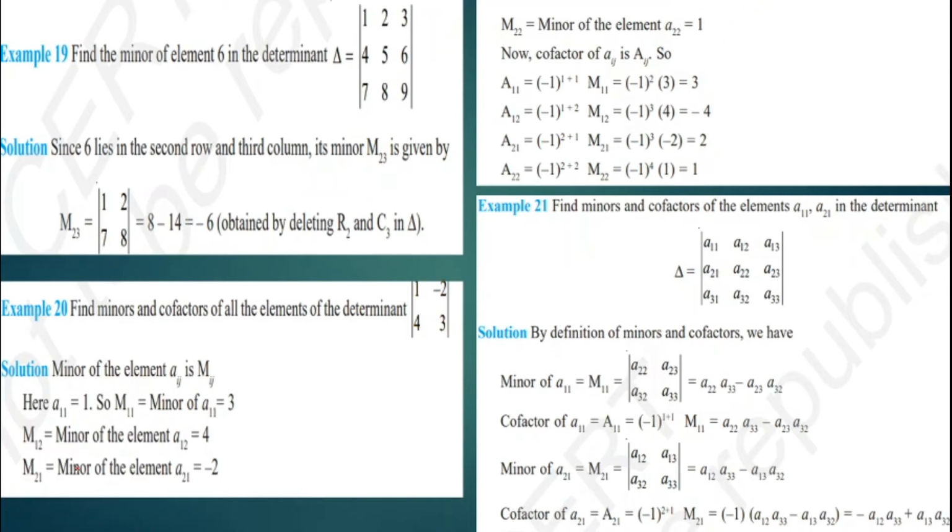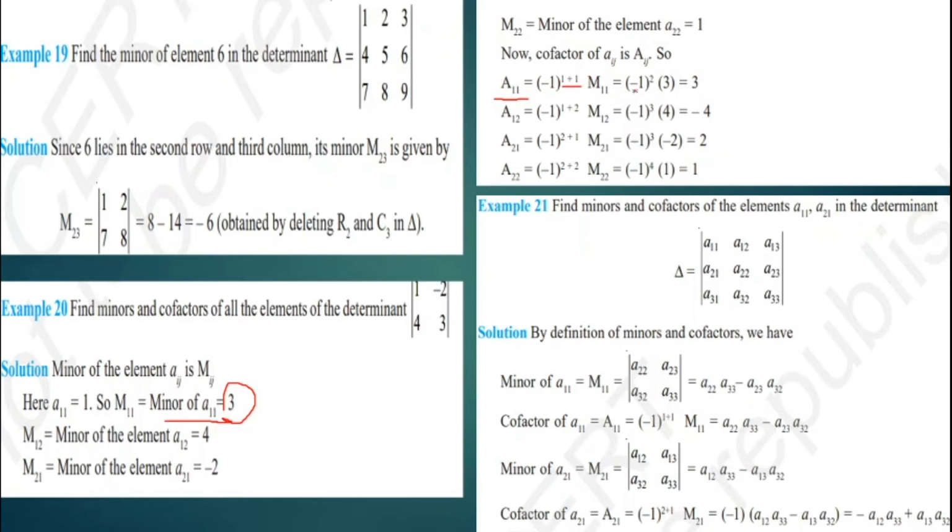Use the minor and change the sign. So here we have the minor of a11, which is 3. We know that the cofactor of A11 equals minus 1 to the power 1 plus 1 into M11.